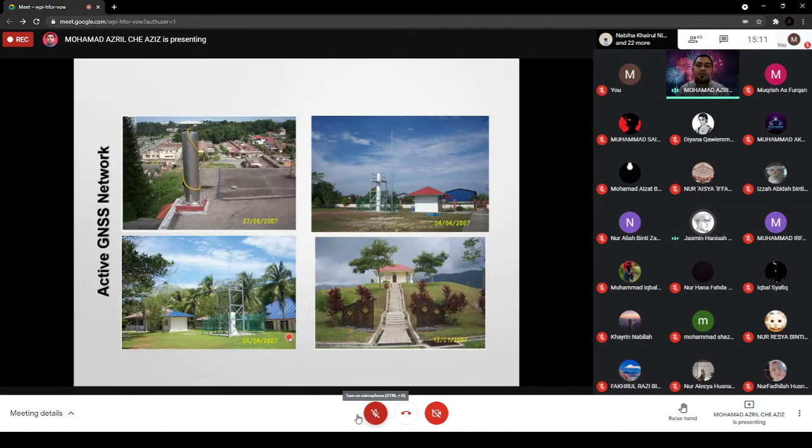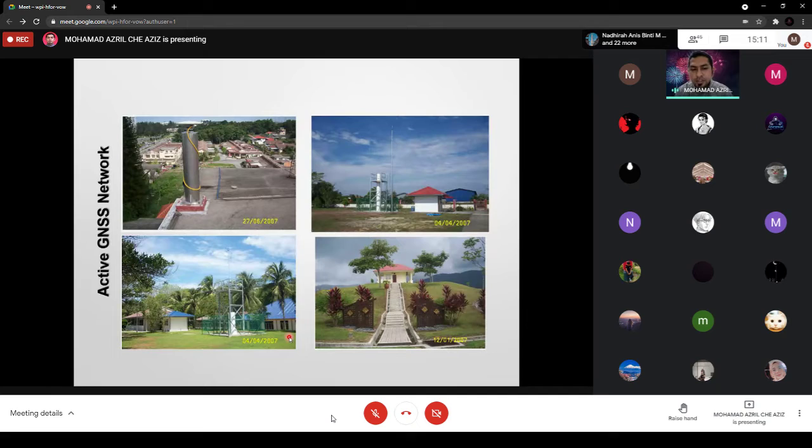Okay, so if you walk around UiTM Arau, I think the college for ladies called Kesinai, and in front of the Kesinai you have a cafeteria, if I'm not mistaken. Opposite of that cafeteria, you have a flat area. They have one monument, a control station. We call it a MyRTKNet station.